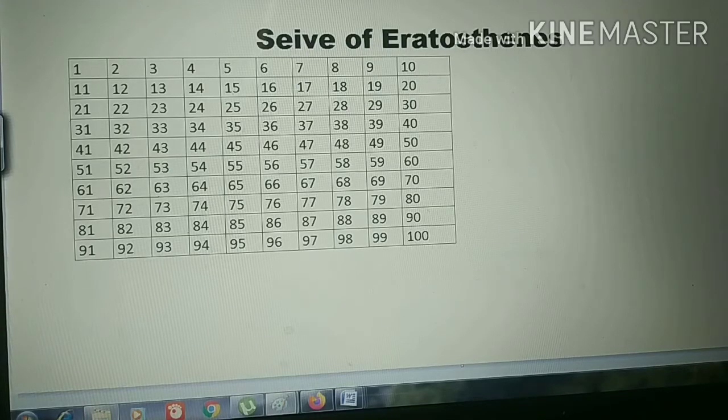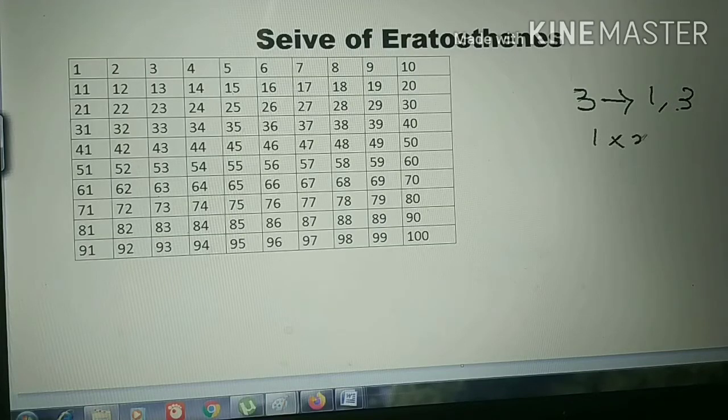If you observe 3, the factors of 3 are 1 and 3.